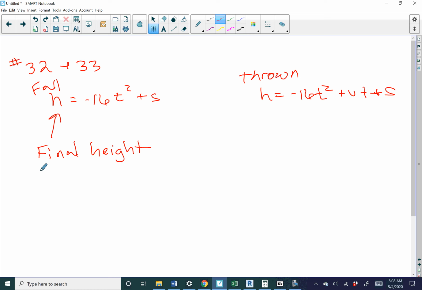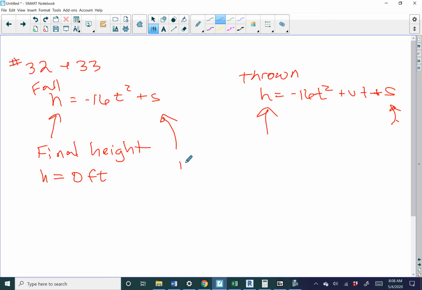Many times, h, when you reach the ground after falling off of something, is 0 feet, right?